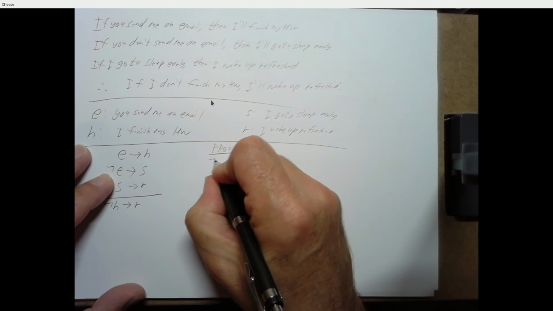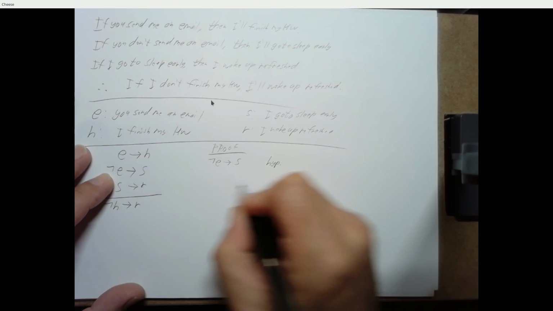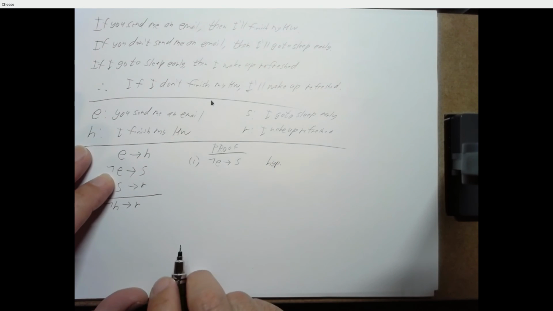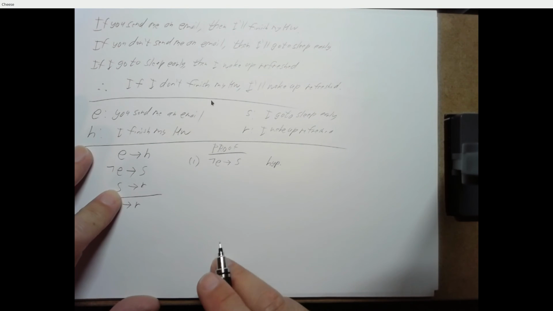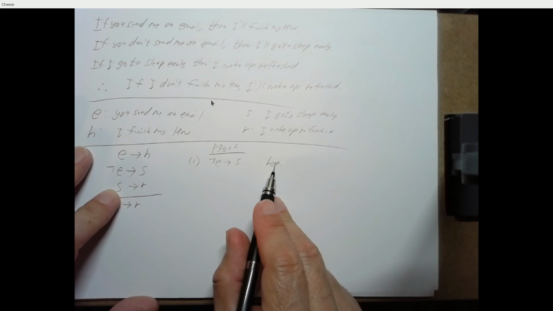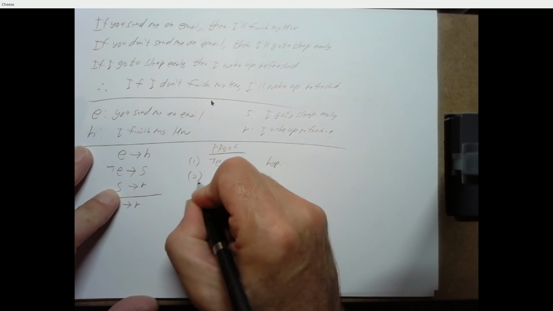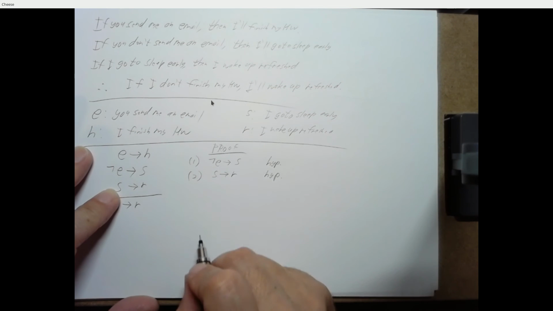So here's what I'm going to do. I'm going to say not E implies S. That's a hypothesis. And I'm going to label the statements of my proof rather than the statements of the argument I'm trying to prove. So statement 1 is that not E implies S. The reason that's true is because it was given to us. It's a hypothesis. Statement 2 is that S implies R. That's also a hypothesis.